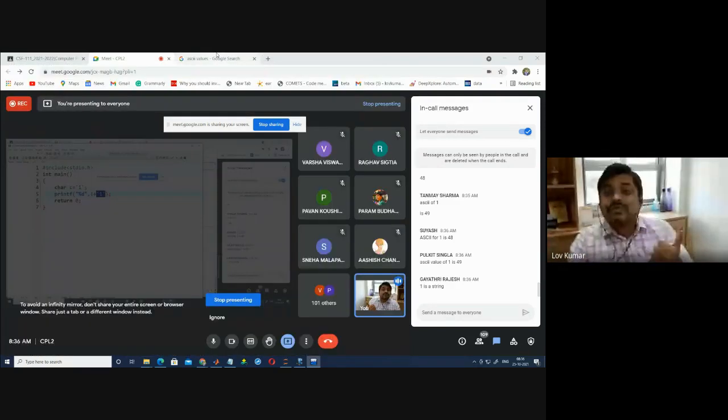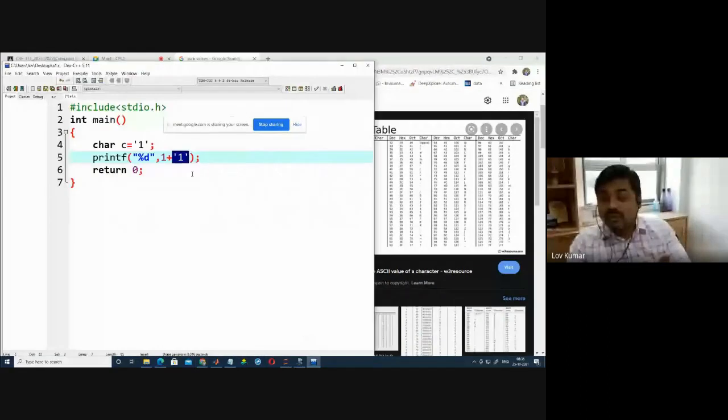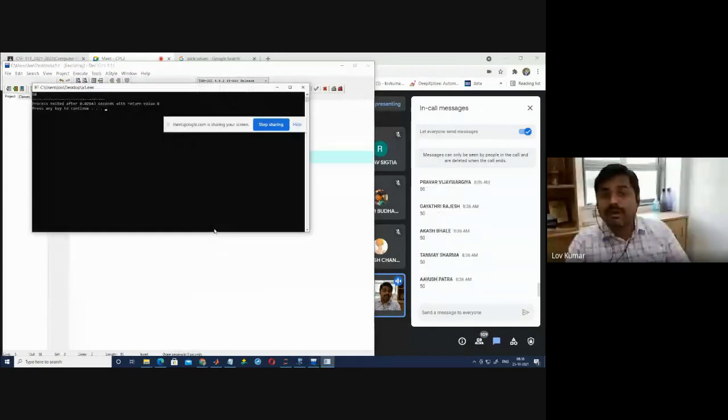In case of a character, you have to find the ASCII value, and here you can see the ASCII value of 1 equals 49. What value will it print? It will consider this one equal to 49, plus 1 equals 50.